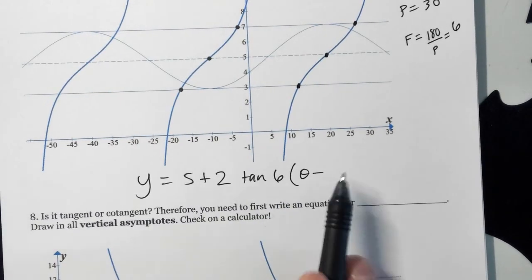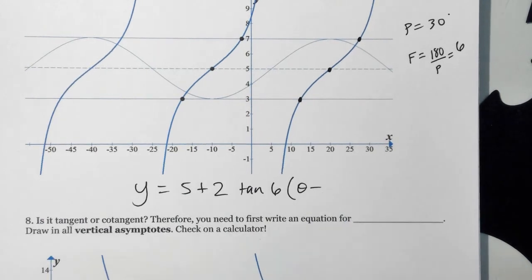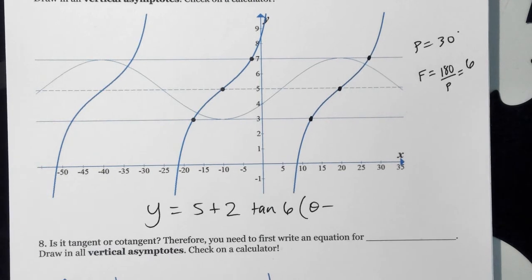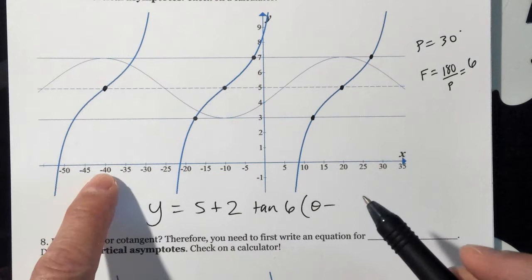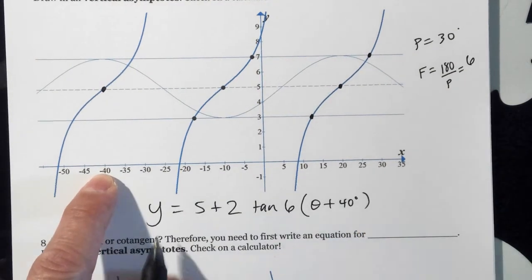Hard part number 2 is the phase displacement. But I'm going to break it down real easy for you. Ready? For tangent only, not for cotangent. For tangent, you can use any of these middle points as your phase displacement. So I could have +40. Yeah, that's one correct answer.